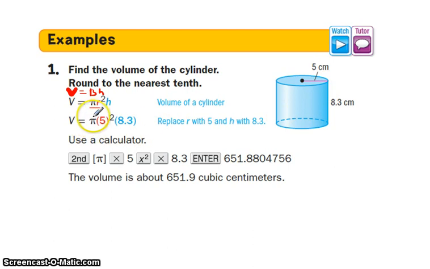So we take pi, or 3.14, times our radius squared, we're just plugging in, times the height of our cylinder, which is 8.3. Plug that into your calculator, and we get 651.9 cubic centimeters. Again, it's the same thing as what we did with prisms. Actually, we could call a cylinder a circular prism, but we just choose to use the word cylinder here.